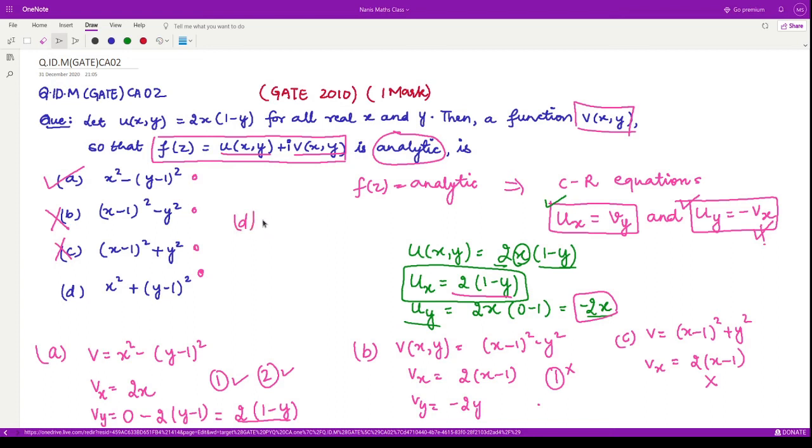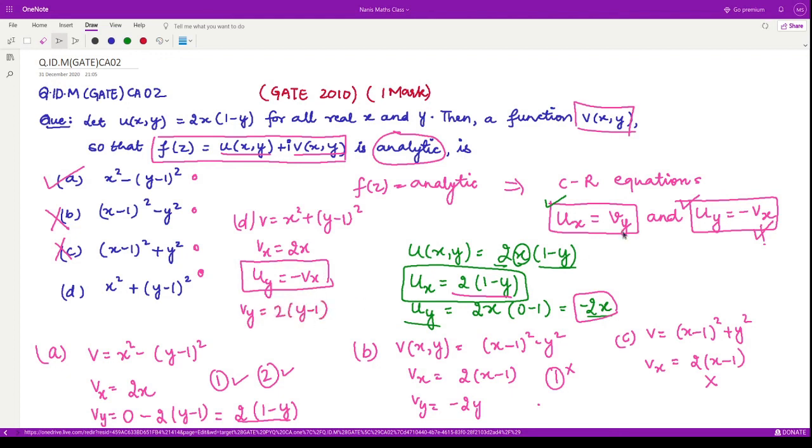For option D, we had v to be x squared plus (y minus 1) whole squared. Now computing v_x, that would be 2x. So v_x is 2x, and what is u_y? u_y is minus 2x. So in this case, the condition u_y equal to minus v_x is satisfied. Now let us calculate v_y. v_y in this case comes out to be 2 into (y minus 1).